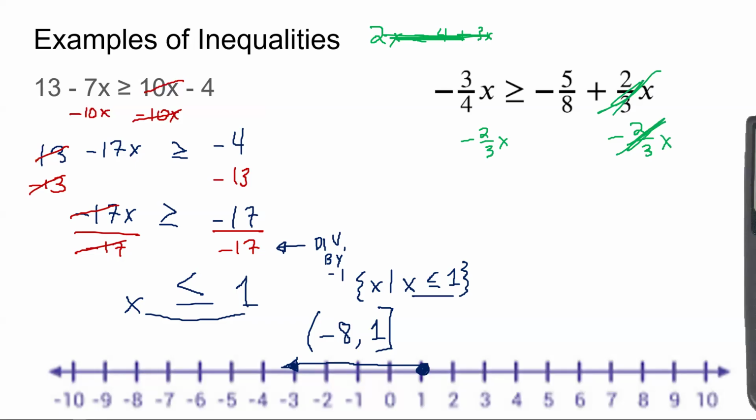I got negative 3/4 x minus 2/3 x. I'm subtracting fractions. So here I got to get a common denominator. That common denominator is going to be 12, right? Between 4 and 3. So here I'm going to have to multiply by 3 top and bottom to get that. And I really shouldn't use the cross multiplication there.